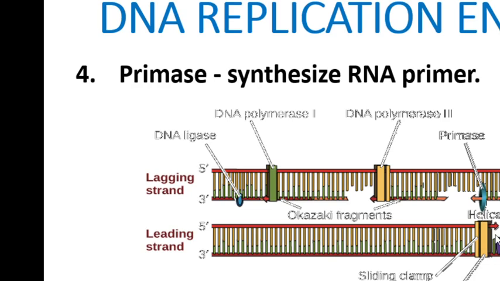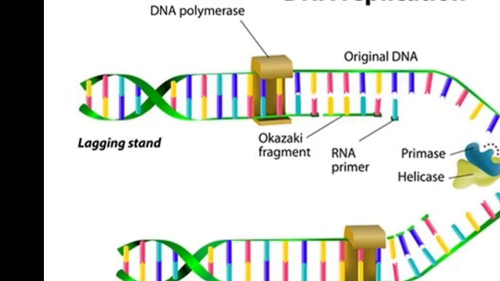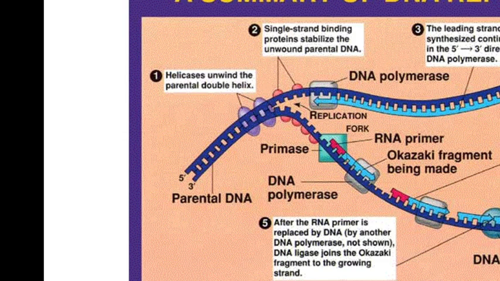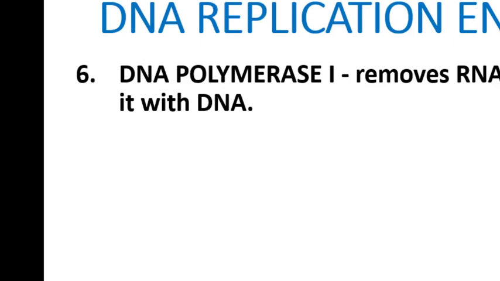Okay, so next we have the next enzyme, which is your DNA polymerase 1. So if you remember your RNA primer, if I would want to give a DNA base pair to my leading strand or lagging strand, the RNA primer is responsible first for binding to that strand and then giving you an RNA equivalent.